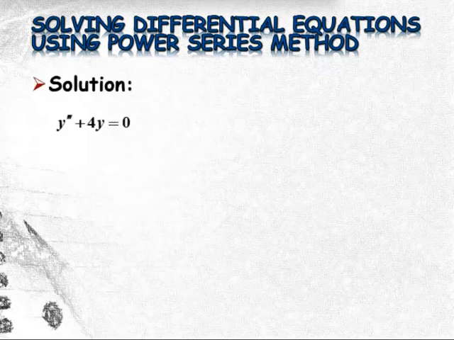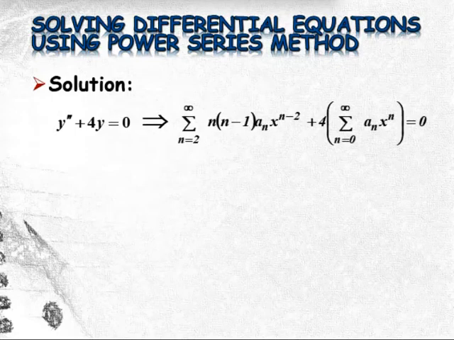Y double prime plus 4y equals 0 is now equivalent to the summation of n times n minus 1 times a sub n x to the n minus 2 from n equals 2 to infinity plus 4 times the summation of a sub n x to the n from n equals 0 to infinity equals 0.